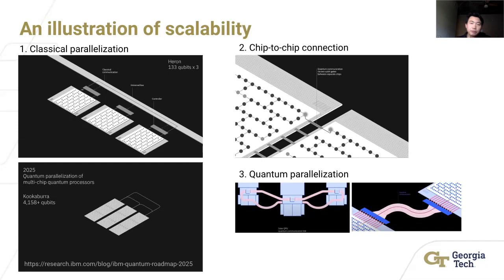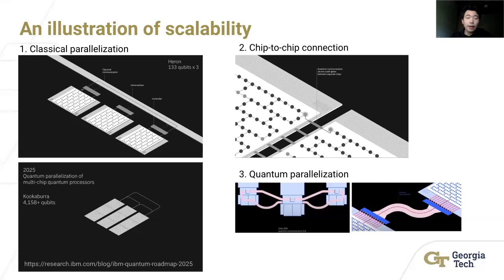The second technique they're proposing is chip-to-chip connection. I would say this has already been realized in ion traps. The company IonQ can already cut a very long ion chain into two separate ion chains, separate them, and bring them back. So this is similar to that.